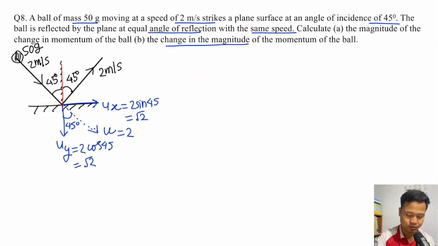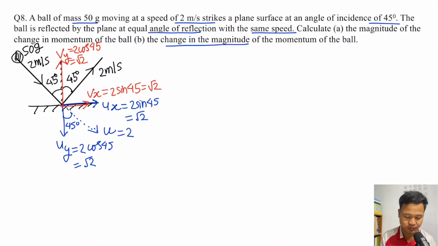After collision, here I will have 2 sin 45 as vy, and along x, vx is 2 cos 45. So this is again root 2. 2 sin 45 is again root 2.